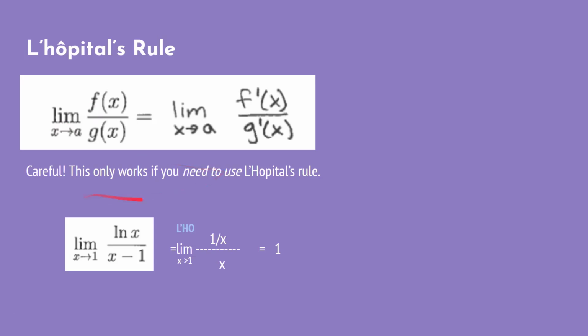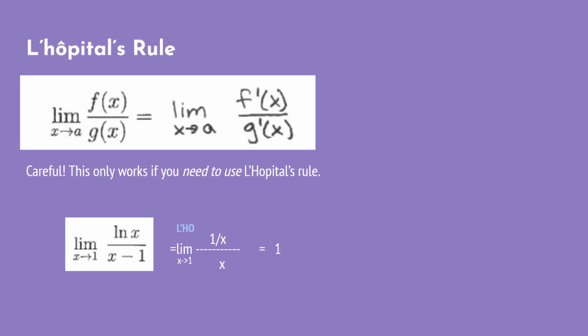Now, careful, only use L'Hopital's rule if you can and if you need. Both of those statements aren't actually the same. What do I mean by if you can? You only can if the limits of f of x and g of x on their own exist. If either of those is, let's say, infinity, you can't do L'Hopital's rule.